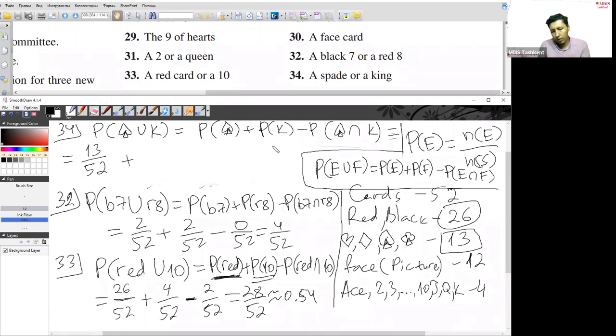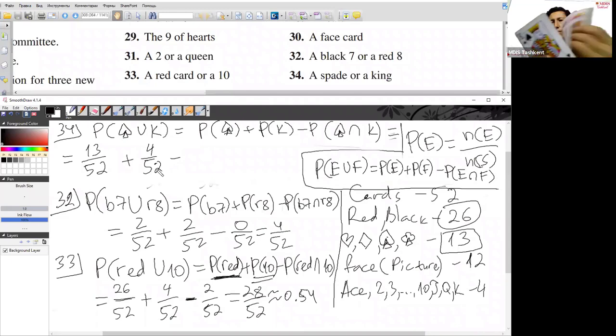Where is king? Okay, we have 4 kings. Okay, so 4 out of 52. King and spade. Do we have king and spade at the same time?